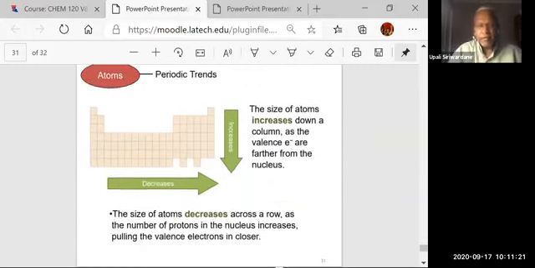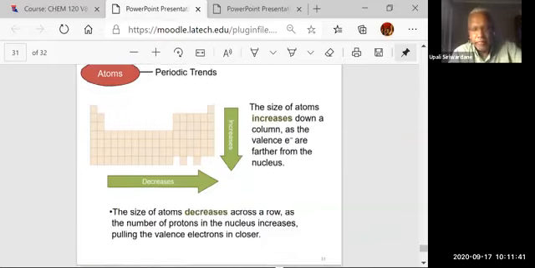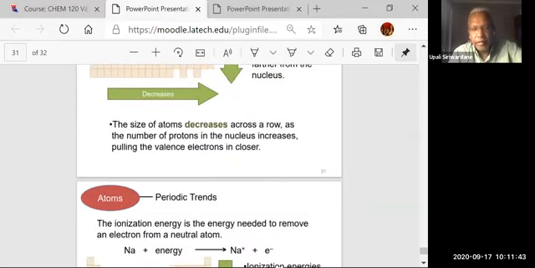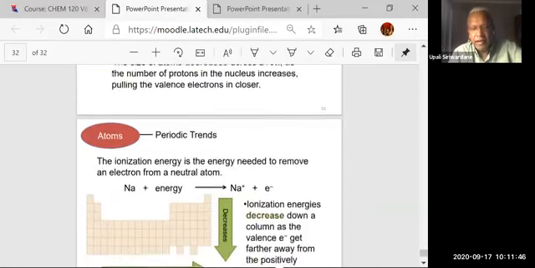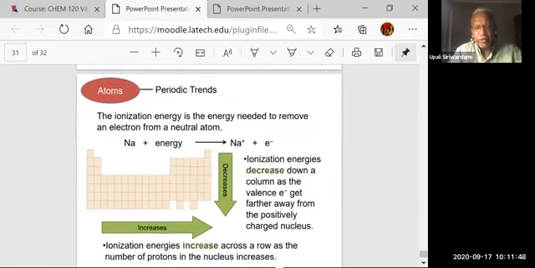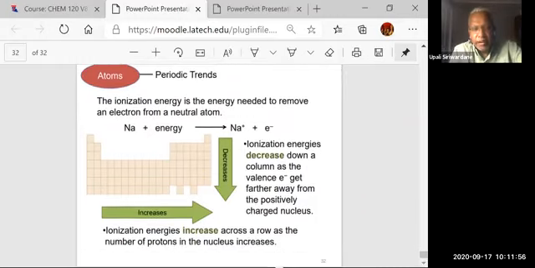Now the last thing we're going to talk about is periodic trends. According to the periodic table arrangement, as you go down a group, atomic size increases. Going across, there is a slight decrease in atomic size. The ionization energy, which is important for how strongly a valence electron is bonded to the atom, shows variation in the periodic table.